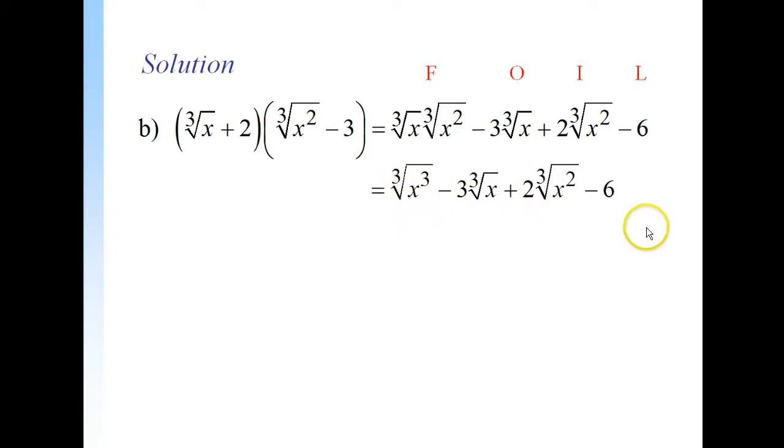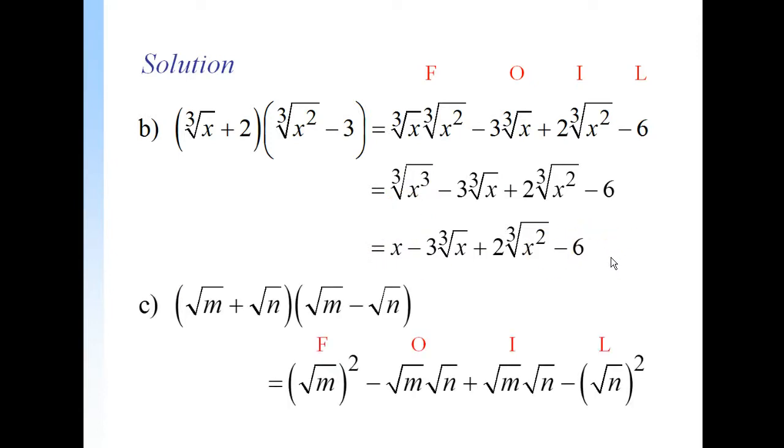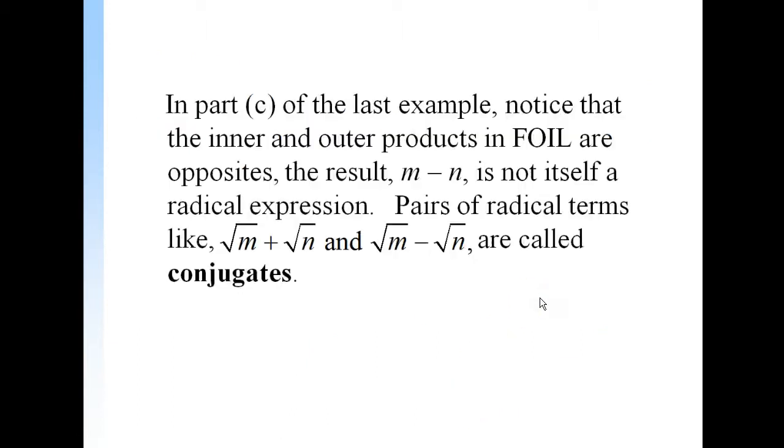These are not like terms. So the only change you can make in that next step was to take the cube root of this to get the x. Now, when we FOIL, again, conjugates, notice that the outers and the inners are going to cancel out. And we get that. Okay.